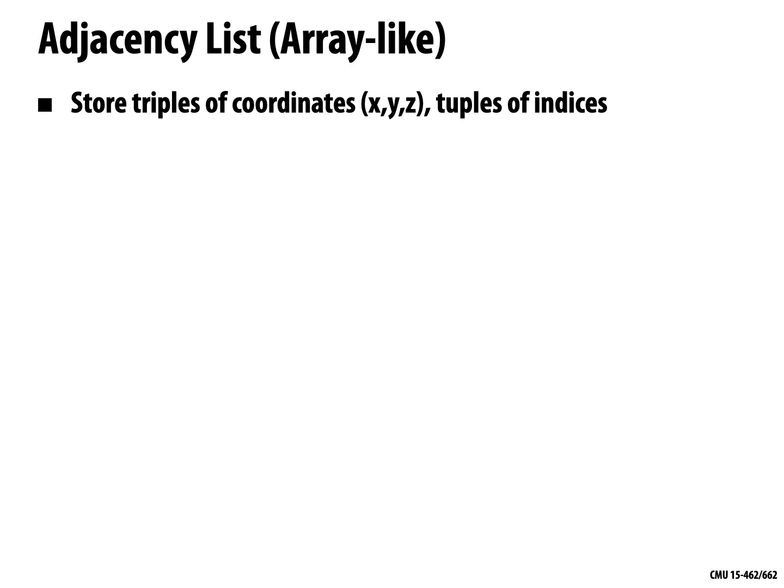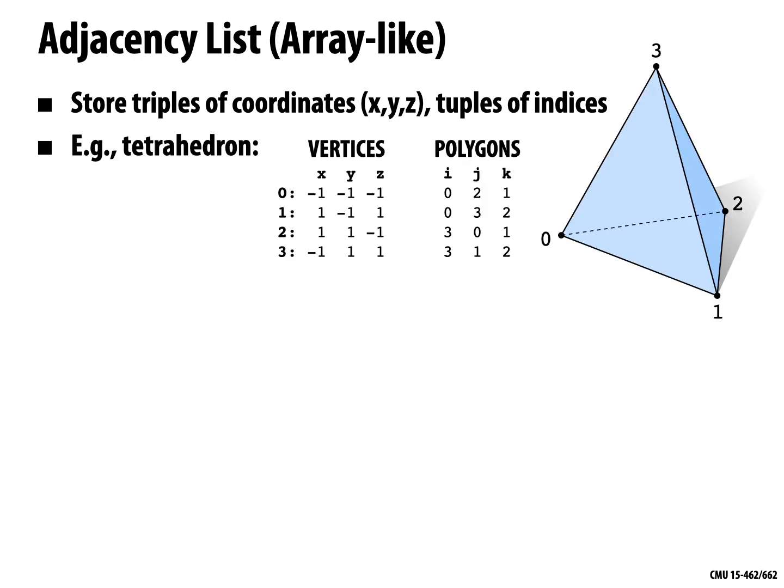And our second list is going to store indices into this vertex list that tell us what our polygons or what our triangles are. Okay, so to make that clear, let's say we want to encode the triangles in this tetrahedron. Then our first list would just have the xyz coordinates for the 4 vertices: -1, -1, -1, 1, -1, 1, and so on.